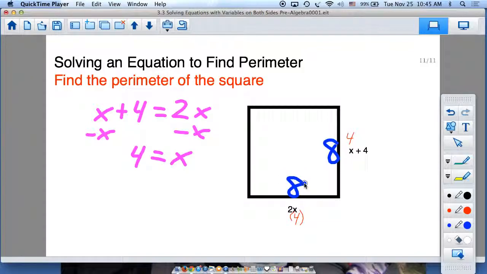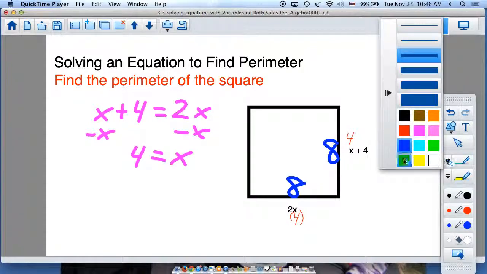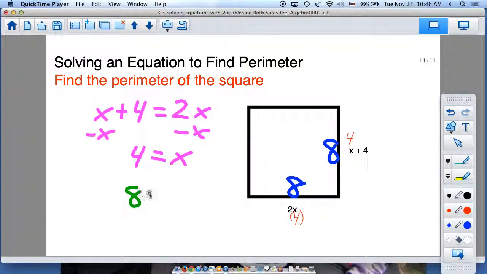So that means that both sides equal 8. Now, the question, though, was to find the perimeter of the square. So we have to either add all the sides up or take one of the sides and multiply it by 4. So 8 times 4 gives us an answer of 32. So the perimeter of this square is 32.